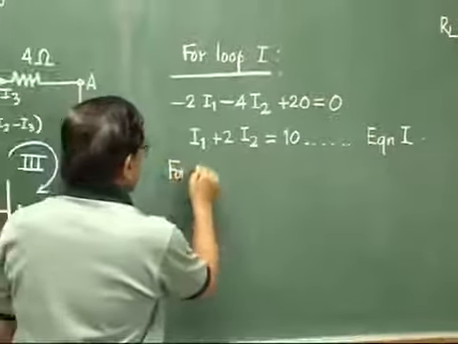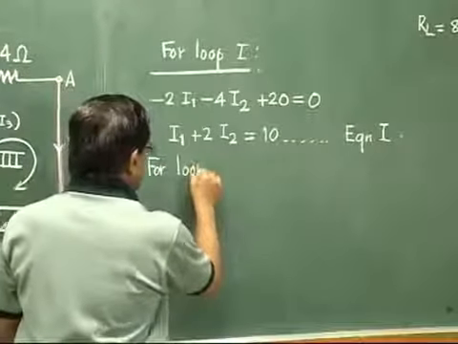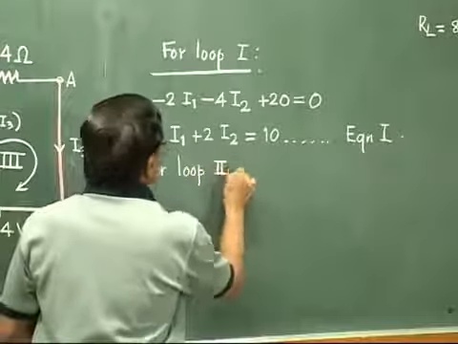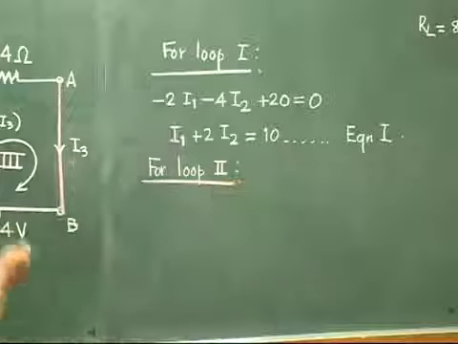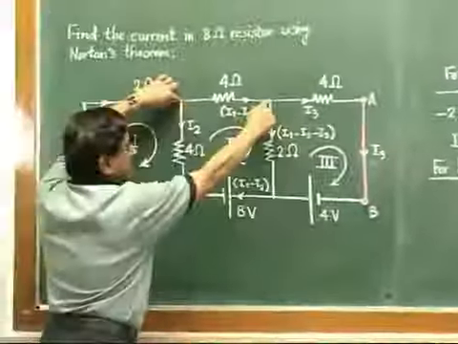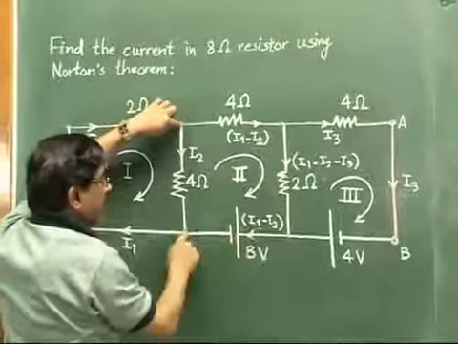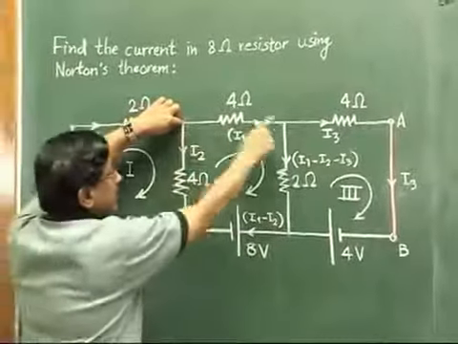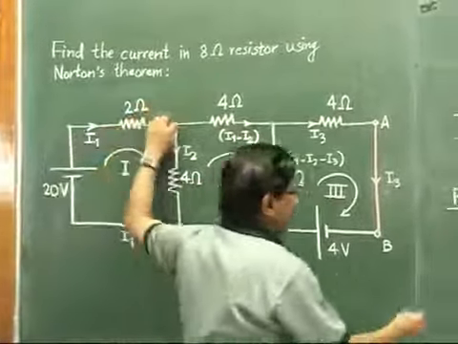So for loop 2, we have identified it as this: here, down, left, and to the top. So this to this, it will be minus 4 times (I1 minus I2).